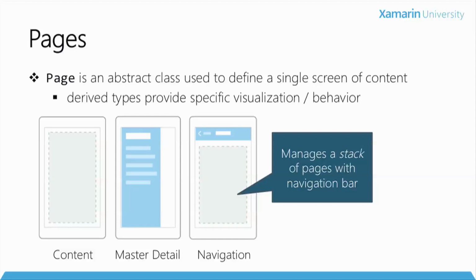The navigation page manages a stack of pages. You can push new pages on the stack and you can pop them off the stack again. This works pretty much like UI navigation controller on iOS and also similar to the stack-based navigation that is built into Android.